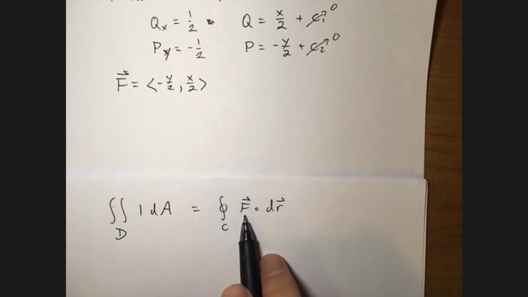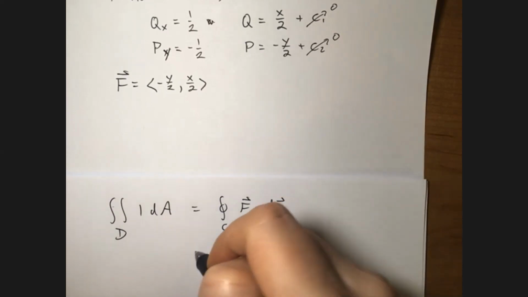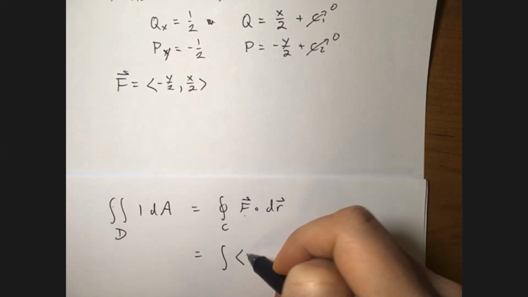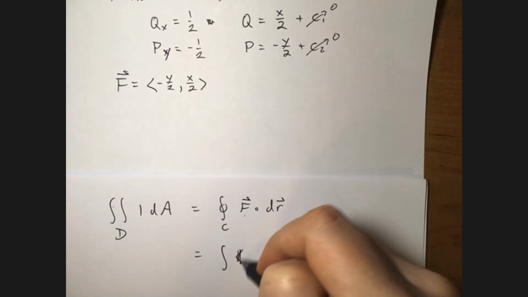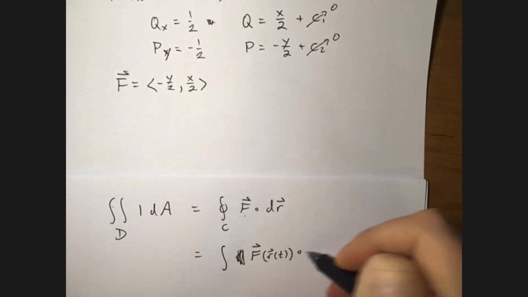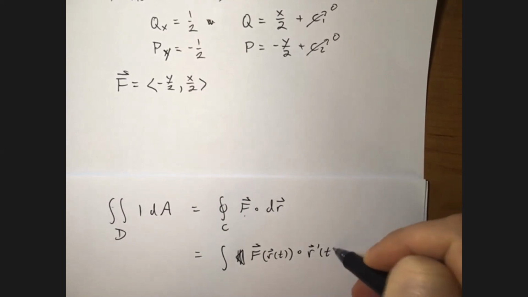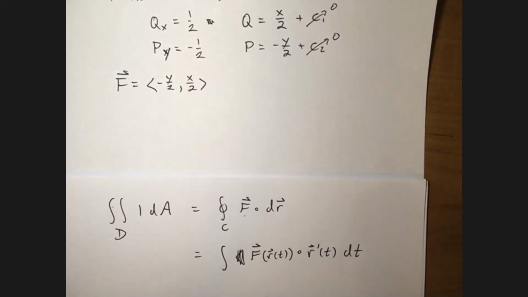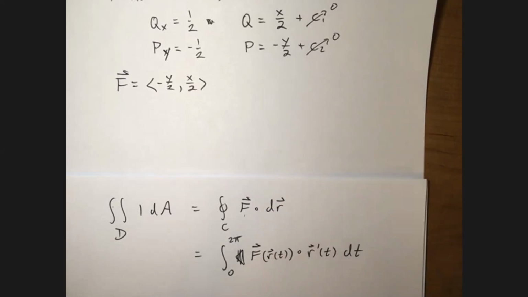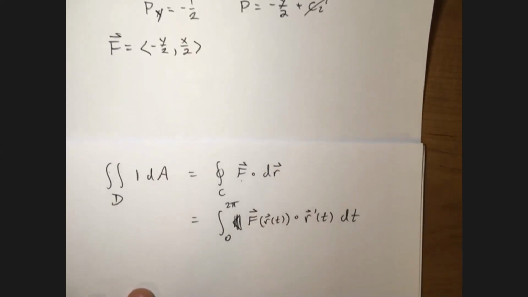We take the vector field and we dot it with r prime of t dt. Let me write it like this: F of r of t dotted with r prime of t dt, and we're going to evaluate it from a to b. Now, to get all the way around that cycloid, we went from 0 to 2 pi.